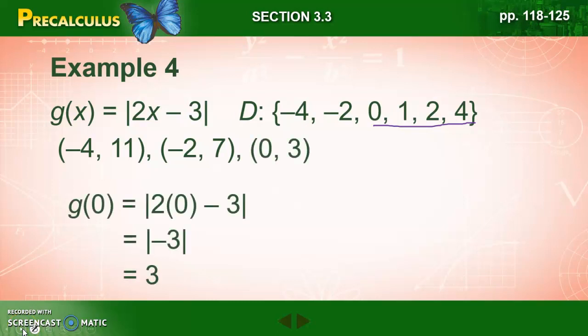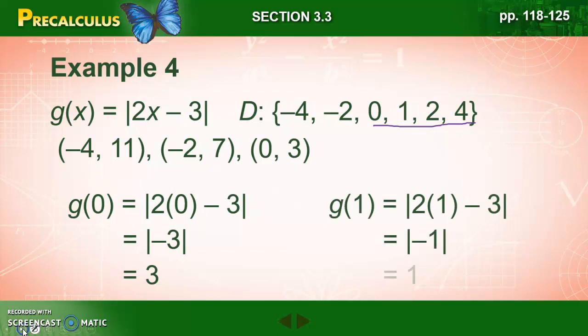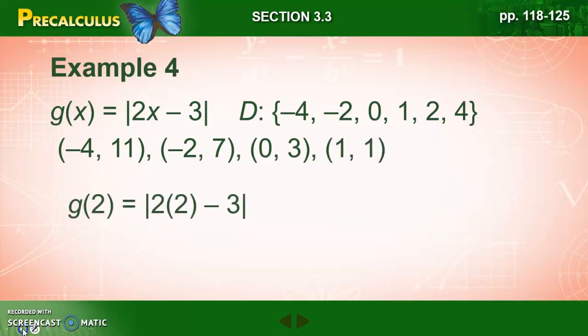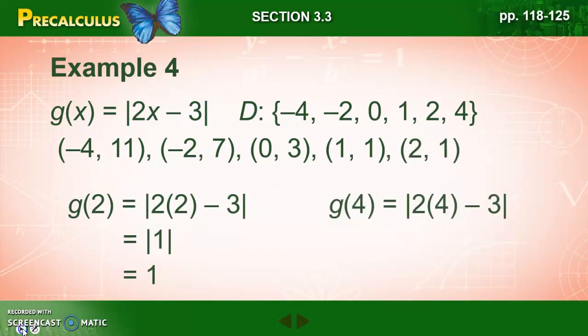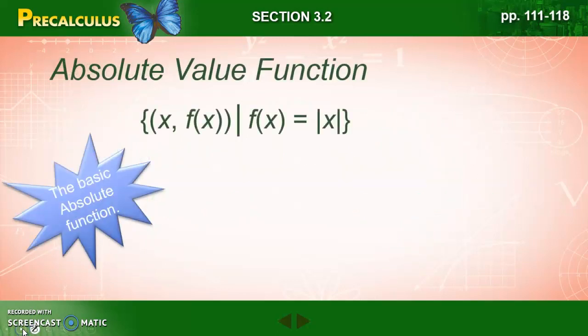You should have ended up with 0, 3, 1, 1, 2, 1, and 4, 5. Those are the points that you would then graph on your Cartesian plane.